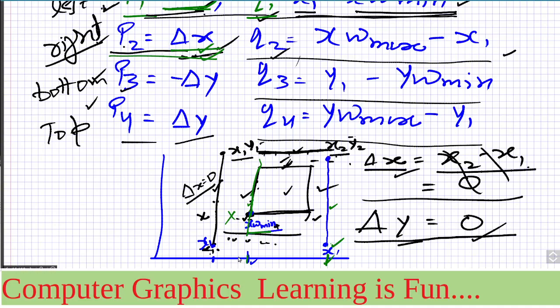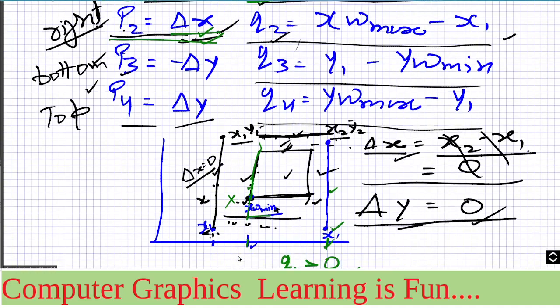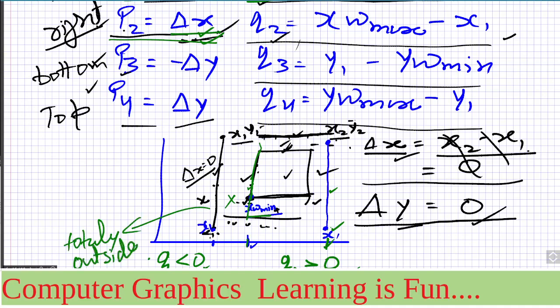Since the value of Q1 was negative, less than 0, in that case what do we do? We will leave this line, we will consider that this line is totally outside the window.